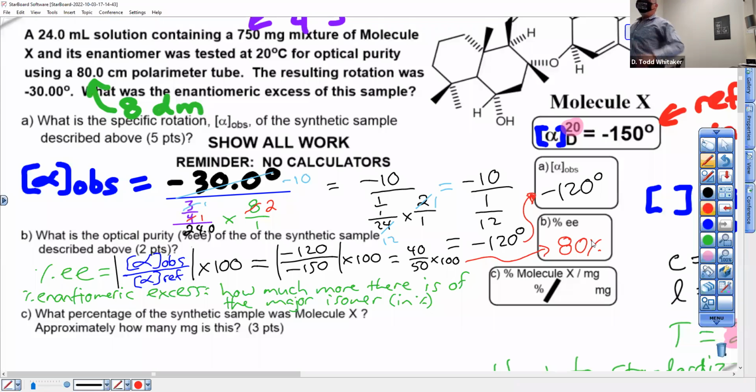If I had a 50-50 mix of enantiomers, the excess is 0, and they're 50% each, and the rotation would be 0. 80-20 is an EE of 60%.